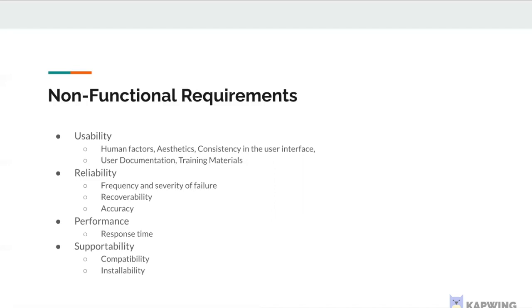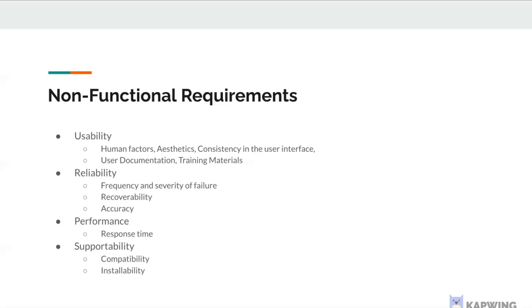For the user documentation or training materials, we will have the demo video for this part. And for reliability, we say that our system should fail no more frequently than once per week, and it should be recoverable within 1 hour.